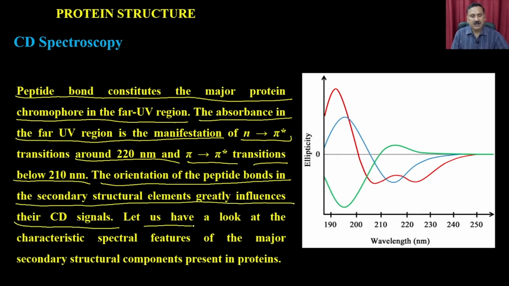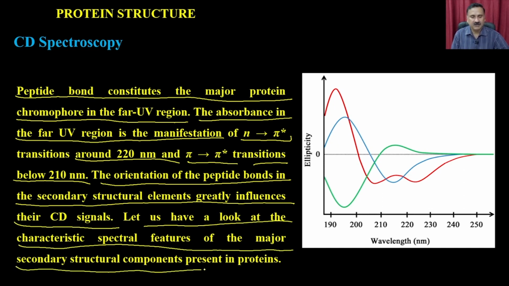Let us have a look at the characteristic CD spectra of the major secondary structure components present in proteins. What you see here are the CD spectra of the different secondary structure elements. When you do it for a protein, you will not get an exclusive spectrum for alpha helix, beta sheets or turns; you will get a complex pattern.